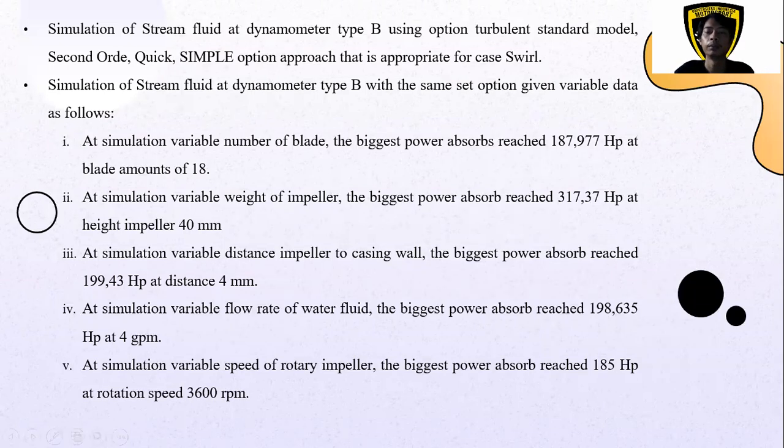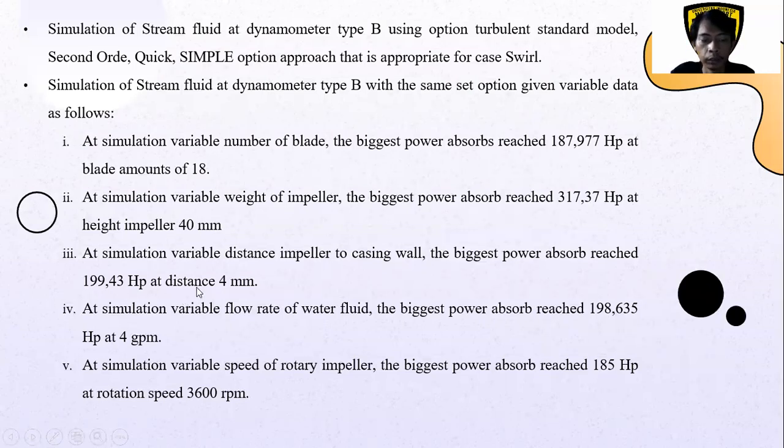In the simulation of the number of blades variable, the biggest power absorbed is reached like this, at a blade amount of 18. In the simulation of the impeller height variable, the biggest power absorbed is reached like this, at an impeller height of 40 mm. In the simulation of the distance from impeller to casing wall, the biggest power absorbed is reached like this, at a distance of 4 mm.